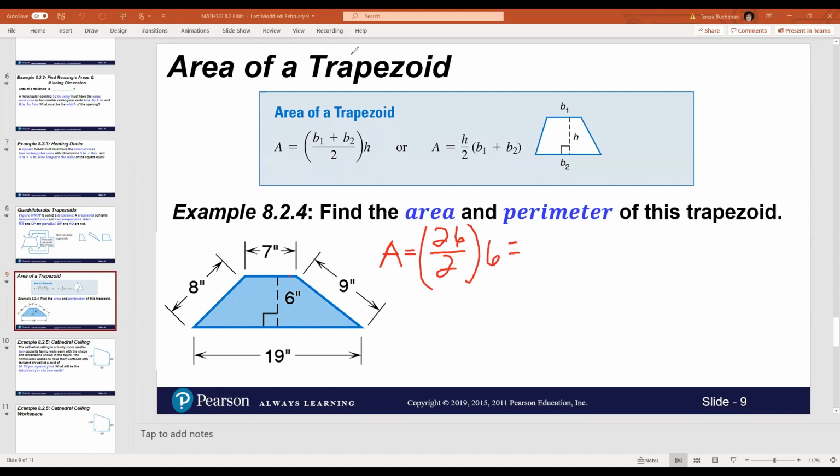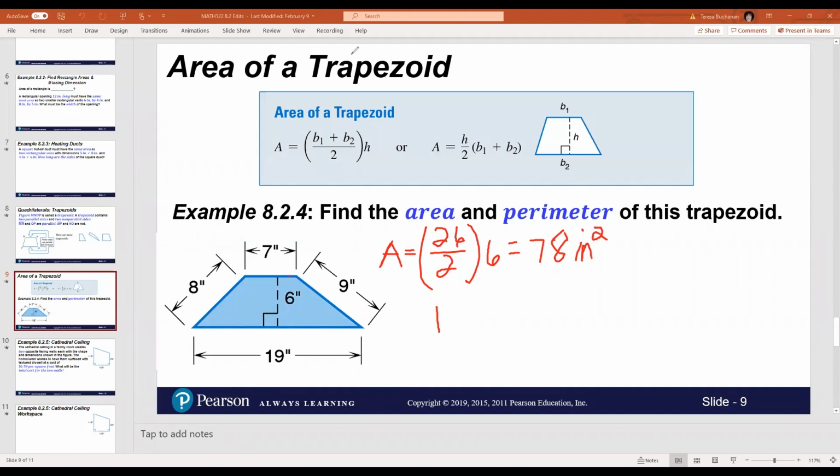So 13 times 6 is just what I showed you, converting the trapezoid into a 13 by 6 rectangle. That's 78, so this trapezoid has an area of 78 square inches.